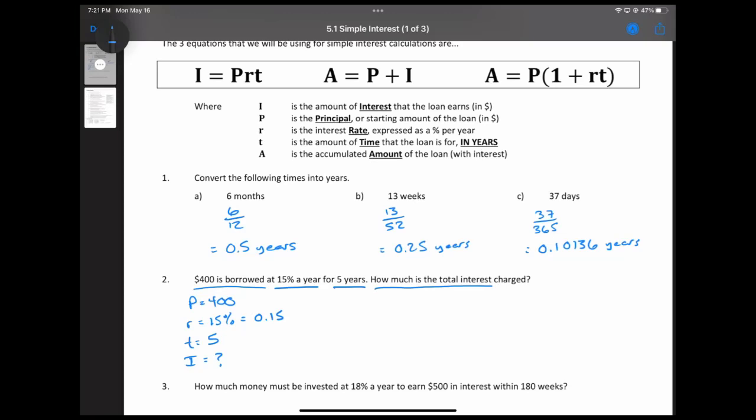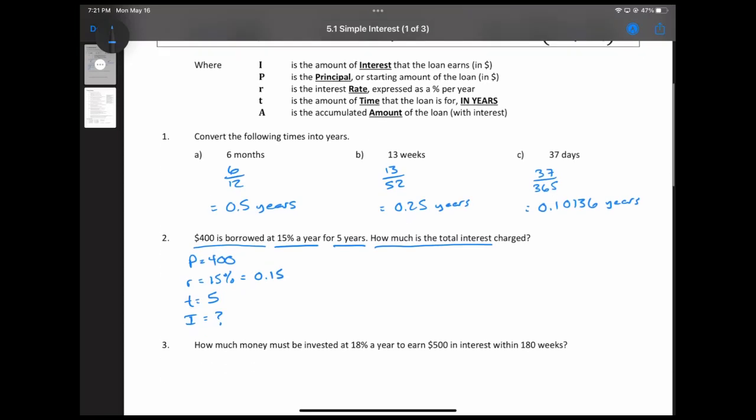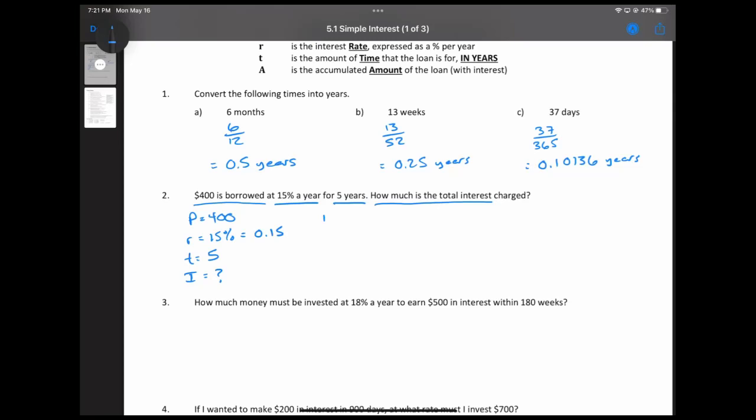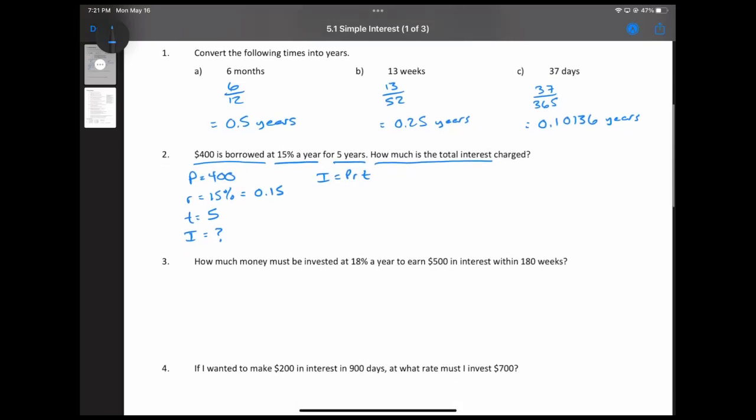So looking at the variables in question 2, we have P, R, T, and I. Well, that looks like all of the variables from the first equation. So that's the one we're going to start with: I equals PRT. And now we just plug in what we know and solve for what we don't. So I, we don't know. P is 400.